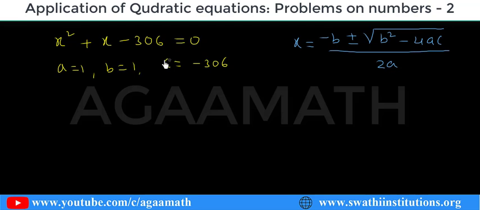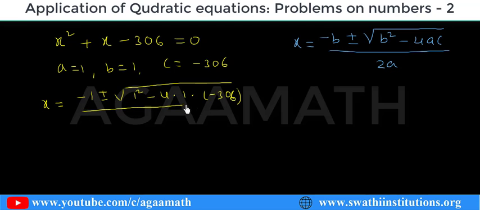Just substituting all these values in the formula, x equals minus b, that is 1, plus or minus under root b square, that means 1 square, minus 4 times a, which is 1, times c, which is minus 306, by 2a, that is 2 into 1. Let's see what we get.